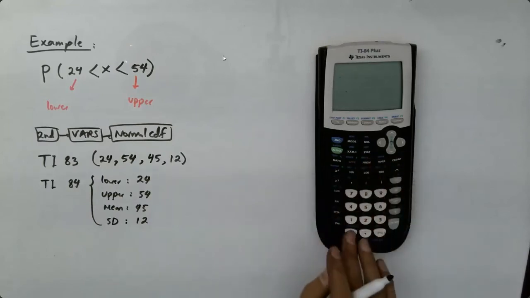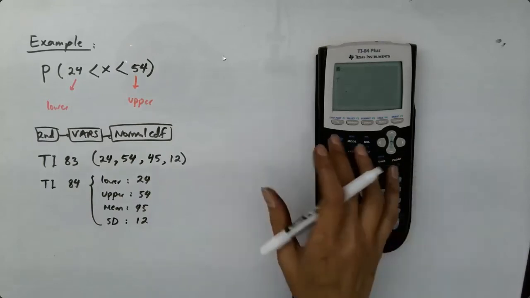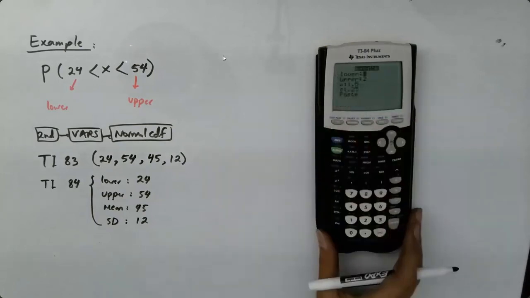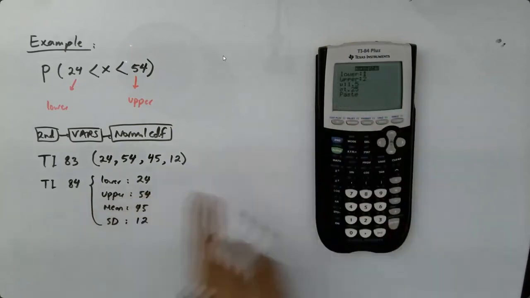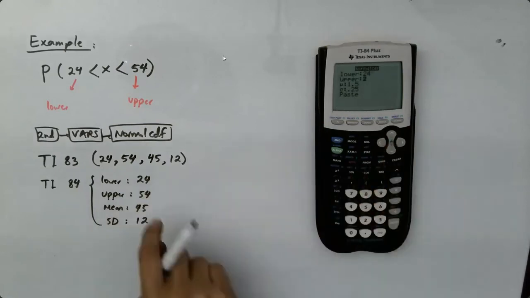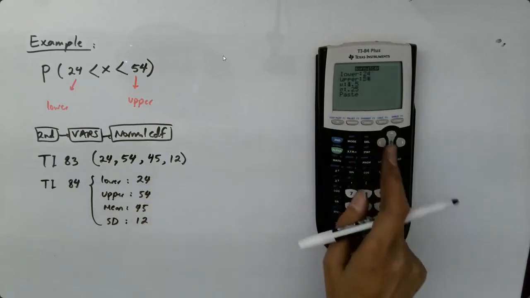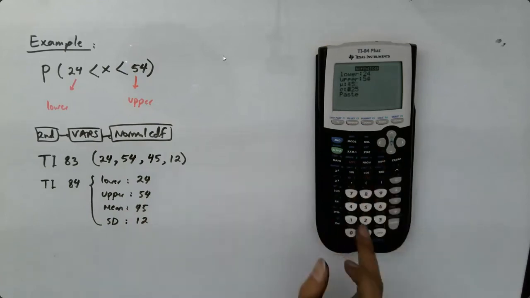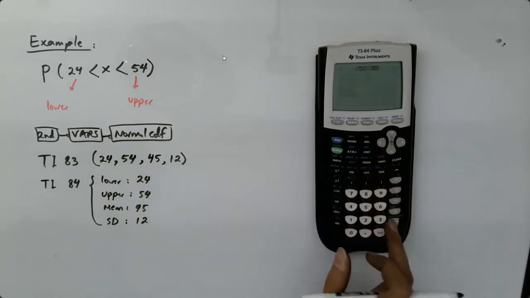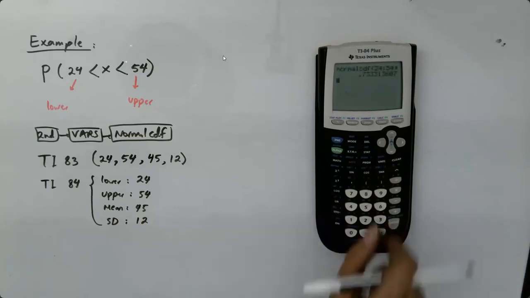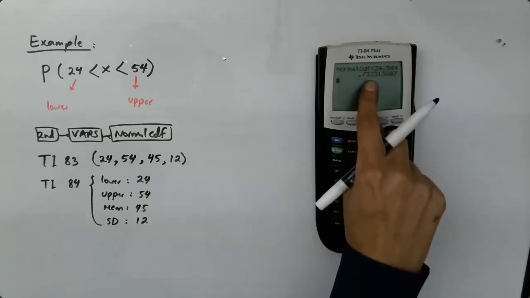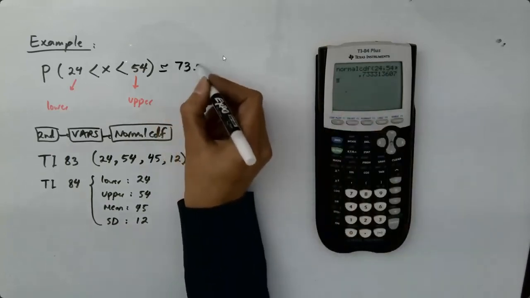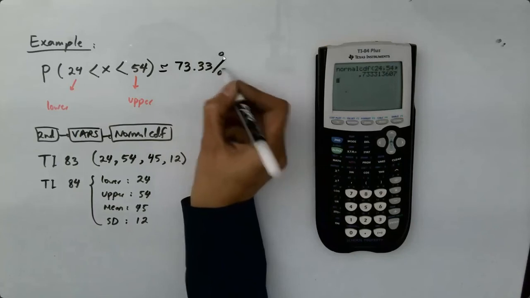So let's use our calculator. Second VARS, normal CDF. I have 24, the next number is 54, and then we have 45, and then the standard deviation, which is 12. Cool, all is done. 73.33% approximately.